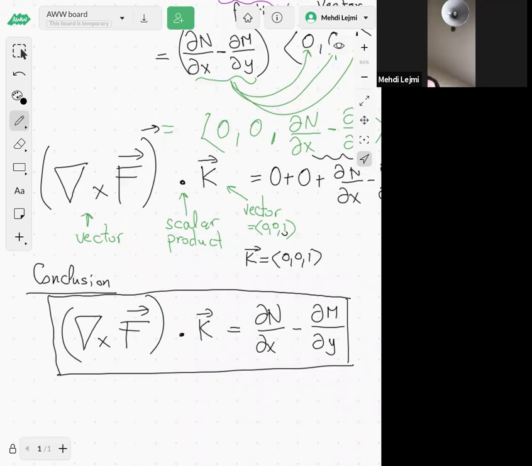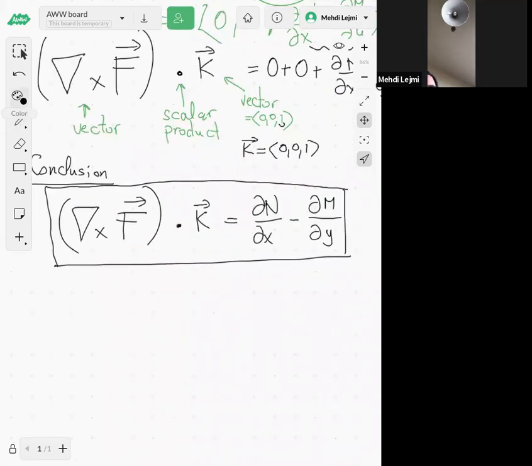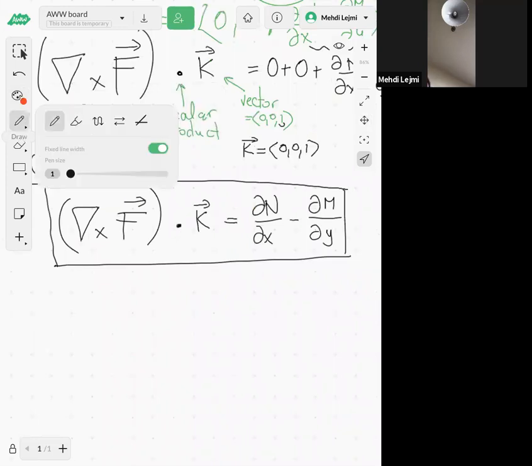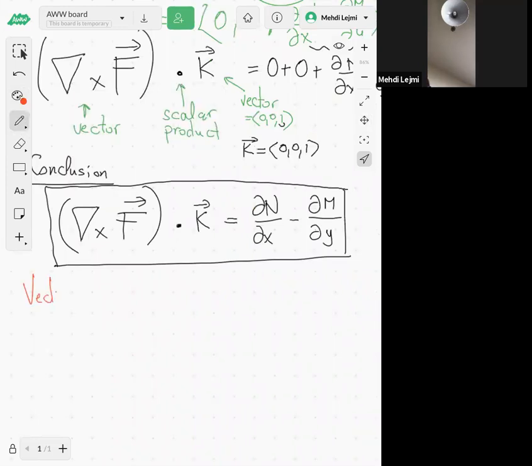So here's my vector reformulation of Green's theorem.